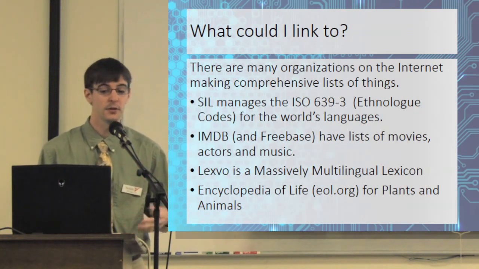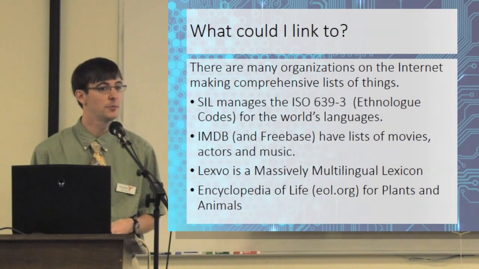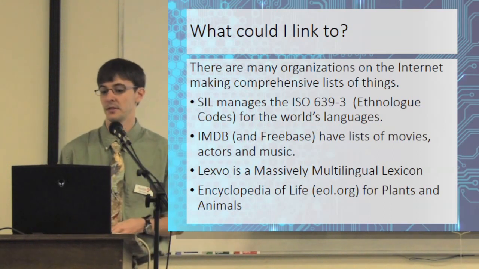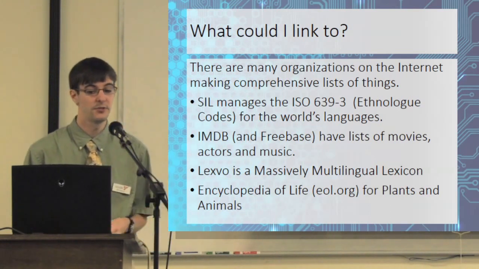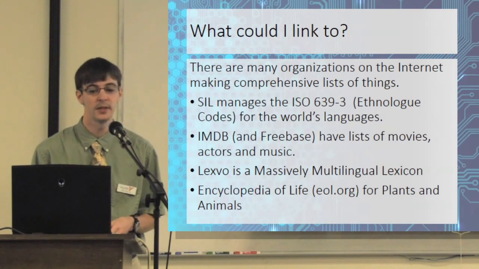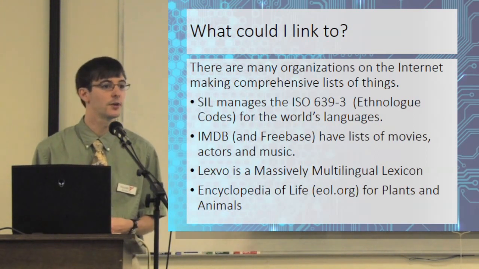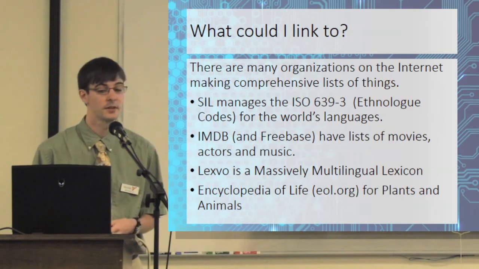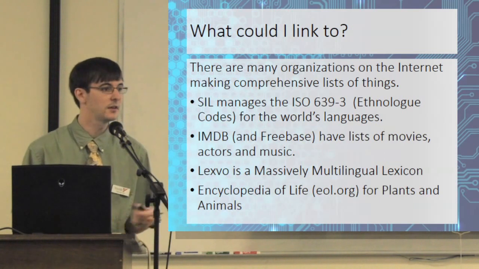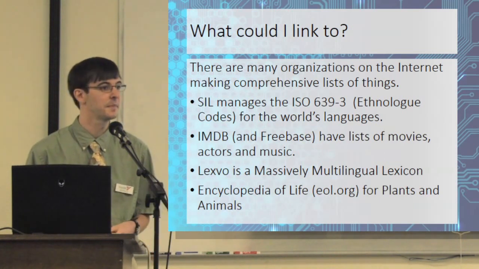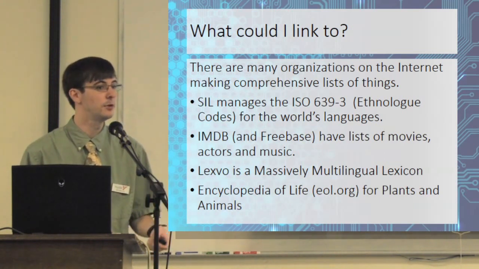So there are many organizations on the internet that are making open and comprehensive lists of things. SIL manages the ISO 639-3 codes, which are known generally as the Ethnologue codes, or the three-letter codes for languages. And that's something that you can link to. IMDb, International Movie Database, and Freebase, they have lists of movies, actors, and music.